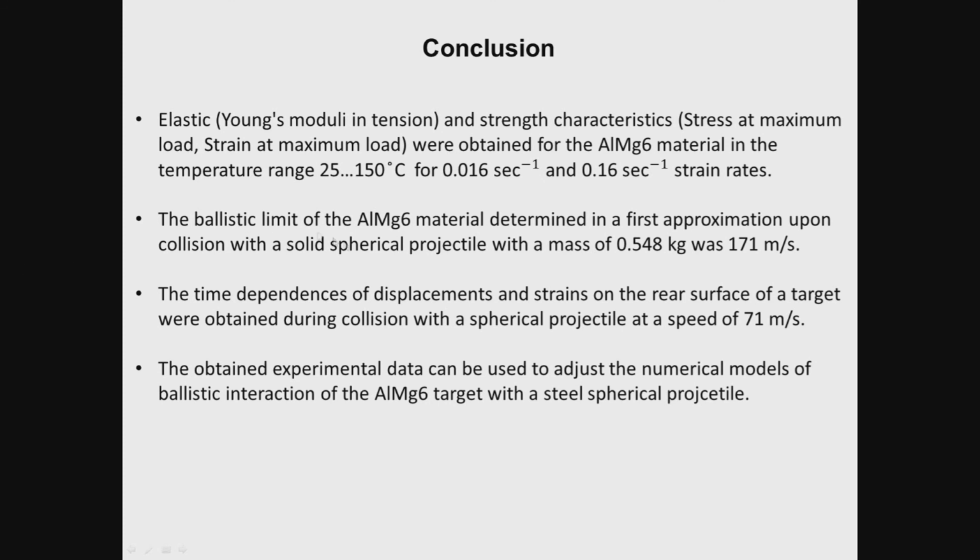The ballistic limit of the AlMg6 material, determined in the first approximation upon collision with a solid spherical projectile with a mass of 0.054 kilograms, so it's 54 grams, is 171 meters per second.